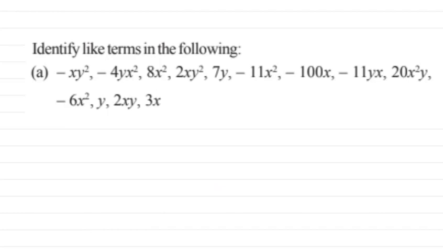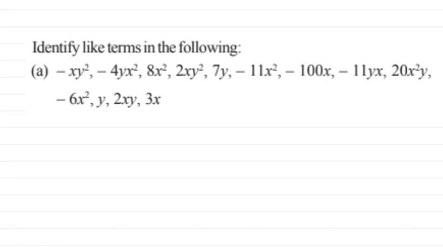Now the next sum is to identify the like terms. Here we have to see the variable, so it is x y square. Now I will find out which will match this x y square. Here this is also x y square and no other.